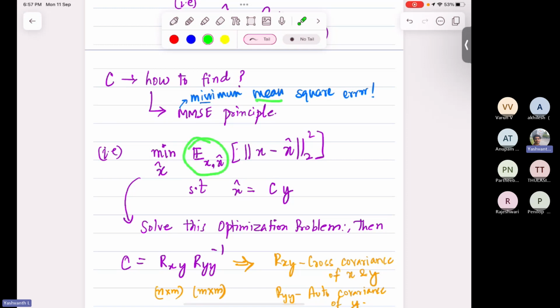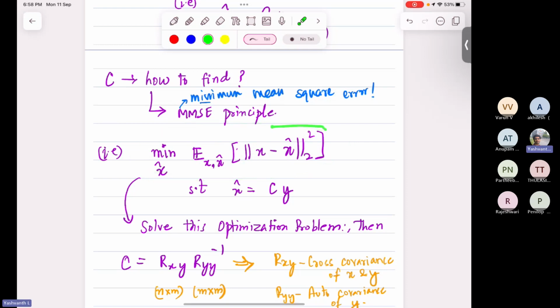Captured by this E operator. I told you long ago that E will take the average. That's why it's called mean. What is square? This particular 2 is the square. What is error? The difference between x and x hat. That is the difference between what I have guessed about the parameter and the true value of the parameter. I take this as the error and take the square, so this is called squared error. Take the mean across all possible realizations of x and x hat. That will give the mean square error, and then minimize the mean square error. That is the minimum mean square error.